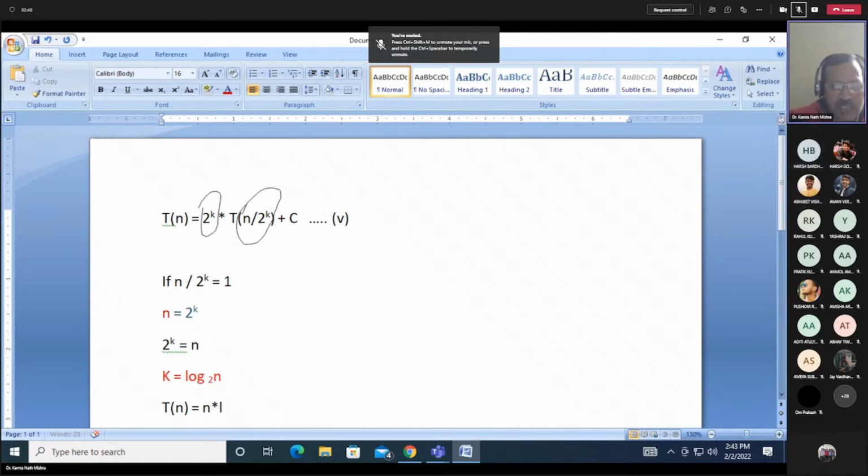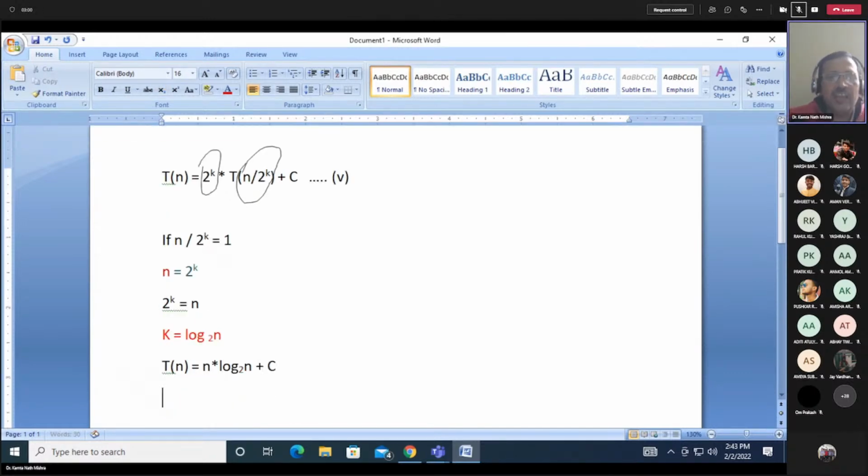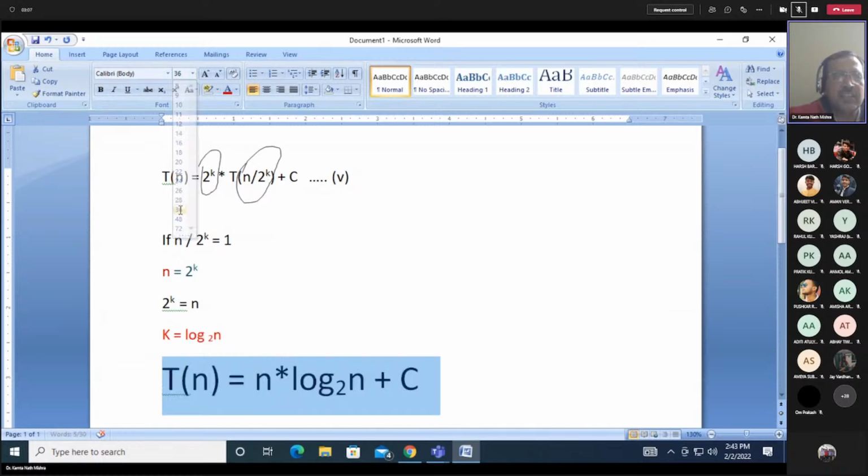So this is n into log n base 2, plus c, where c is a constant. It means that now your equation is this one. I am increasing the size of the equation. Let's make it 36. If you solve the recurrence, you come to the conclusion that Tn will be equal to n into log n base 2 plus c.